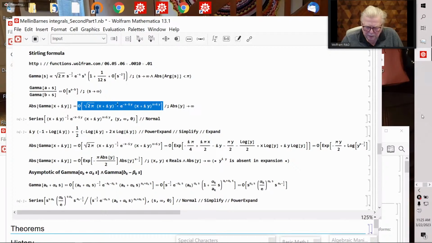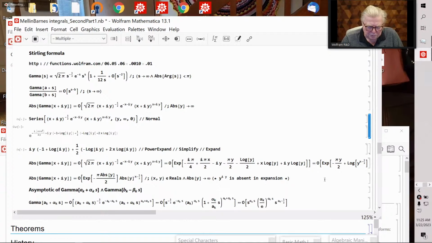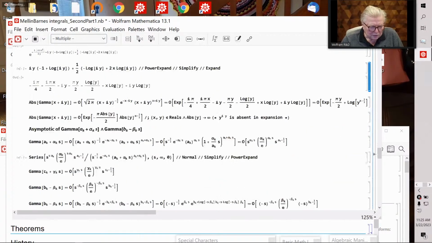If we are accurate, it comes from the Stirling formula, and if we make expansions, after some exercises we come to a formula which is practically useful.